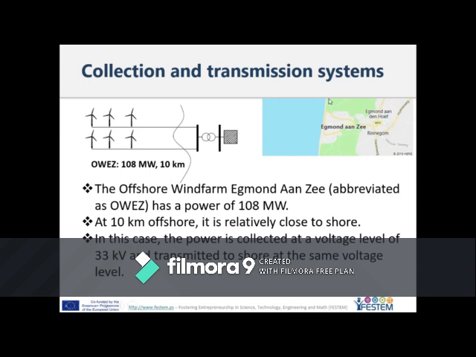A collection and transmission system, we're going to look at Egmond aan Zee, the offshore wind farm. Egmond aan Zee, abbreviated as OWEZ, has a power of 108 megawatt. At 10 kilometers offshore, it is relatively close to shore.